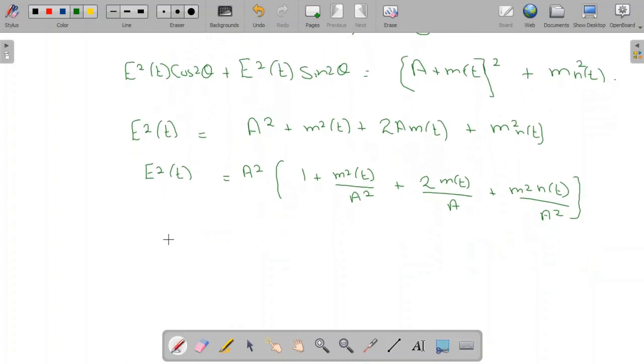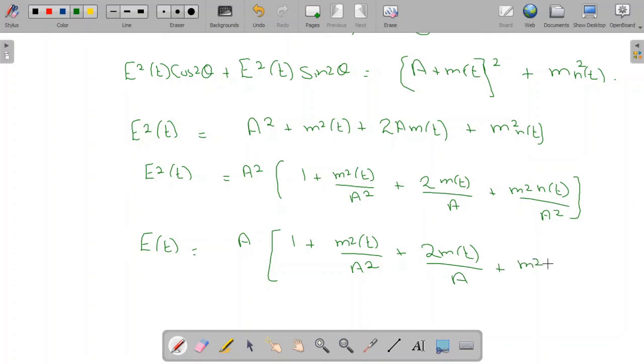Now let us take the square root. When I take the square root, this will be my e of t, and this a square will become a, and I am going to have 1 plus m square of t divided by a square plus 2m of t divided by a plus m square h of t divided by a square, all to the power 1 by 2.